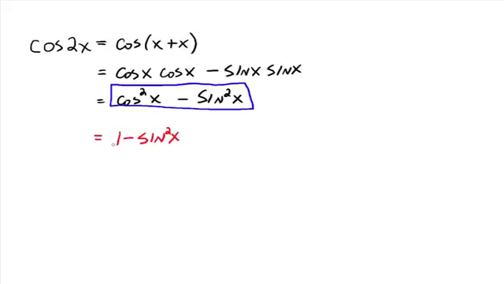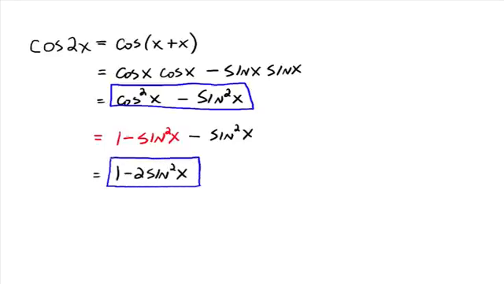Cosine squared x is the same thing as 1 minus sine squared x from the Pythagorean identities. And then we have minus sine squared. And so all of this just goes down to 1 minus 2 sine squared x. This would be another identity that cosine of 2x is equal to.